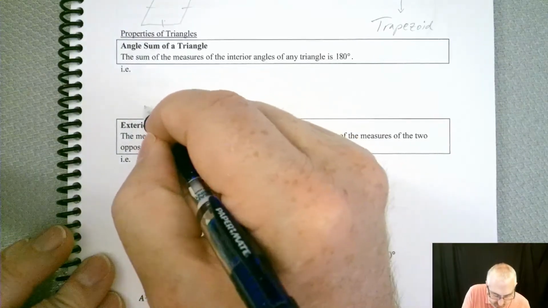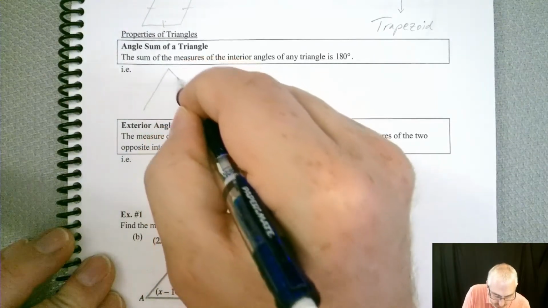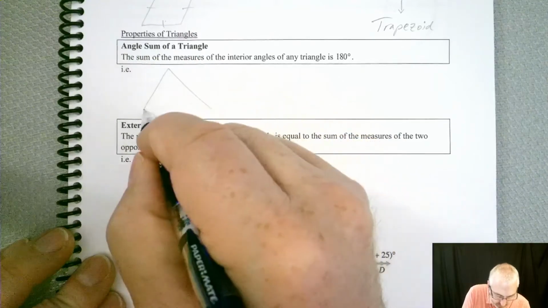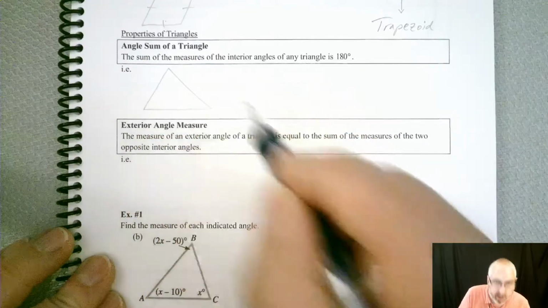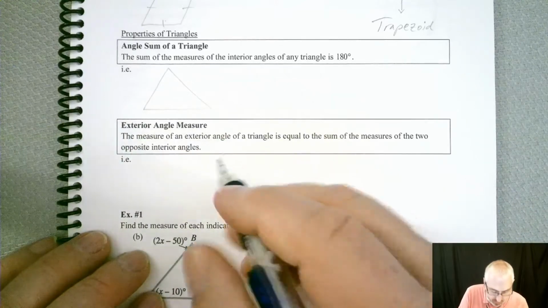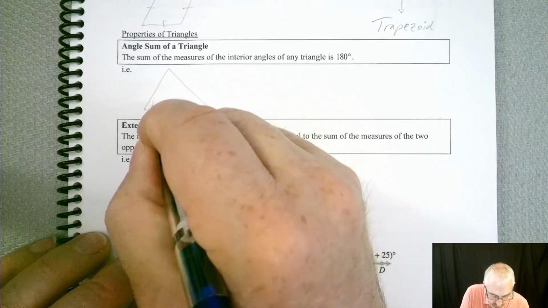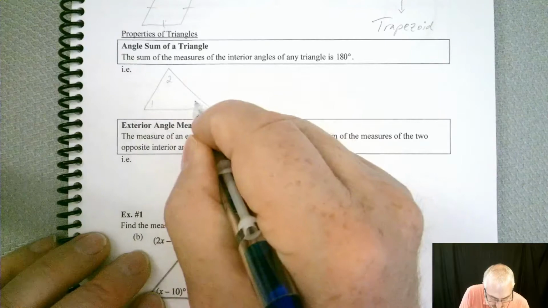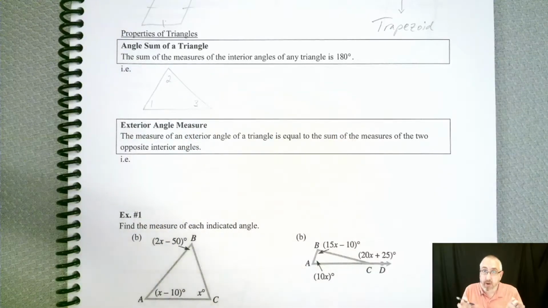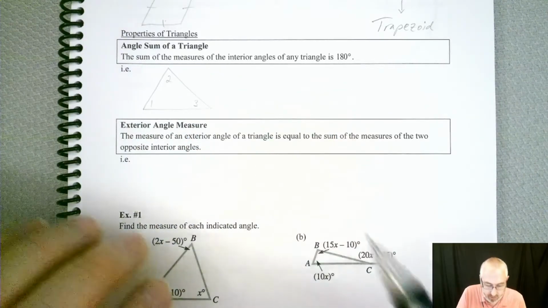And if we wanted to visualize it, we could draw a triangle. Again, it doesn't have to be any specific type. I usually like to draw acute ones, but whichever one floats your boat. I'm going to number the angles 1, 2, and 3, and again, I want to number the interior ones inside of the triangle.